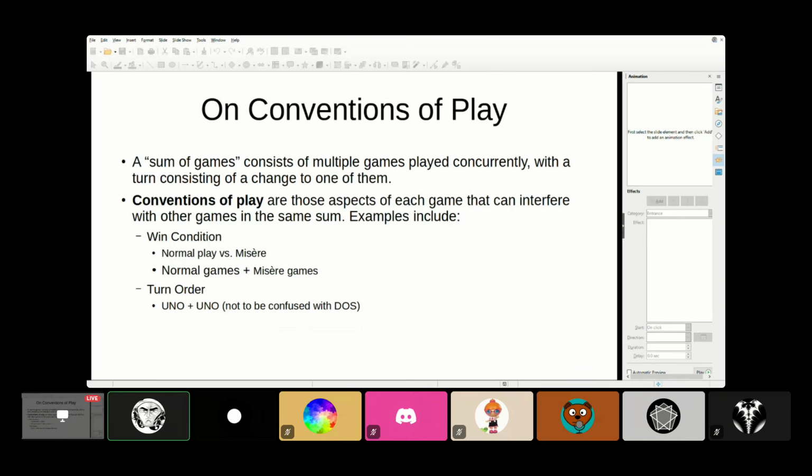So a more general version of that is kind of the case I'm considering. Okay. But anyway, I said all that to say that K rejection, what we're going to talk about, is another one of these conventions of play.